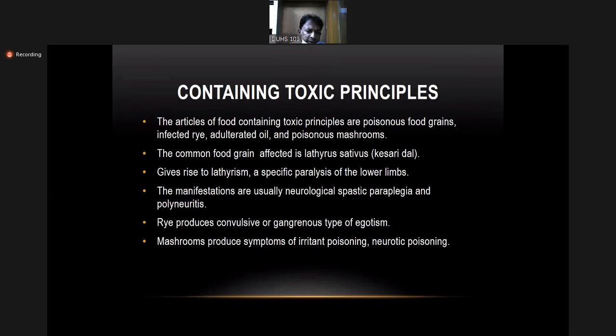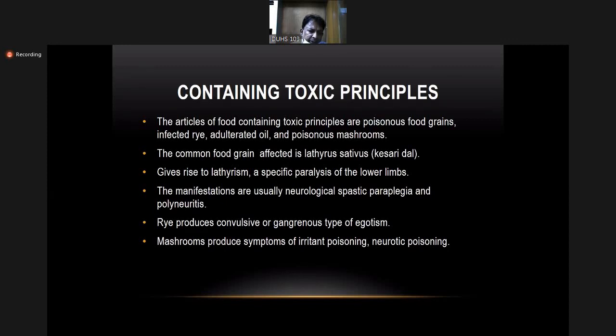It is isolated very carefully in the factory, so the lentils are separated totally from the poisonous grains. Otherwise, it may cause very dangerous food poisoning and give rise to lathyrism, a specific paralysis of the lower limbs due to that particular food.